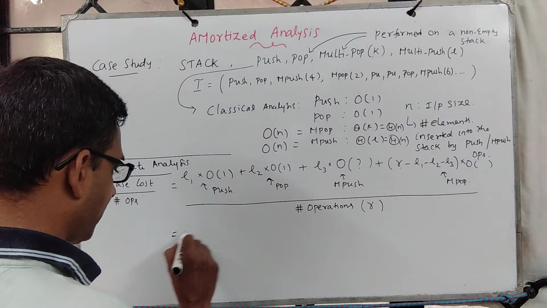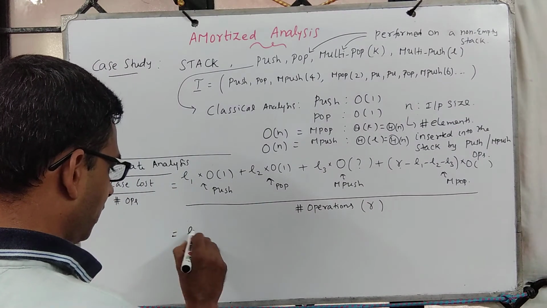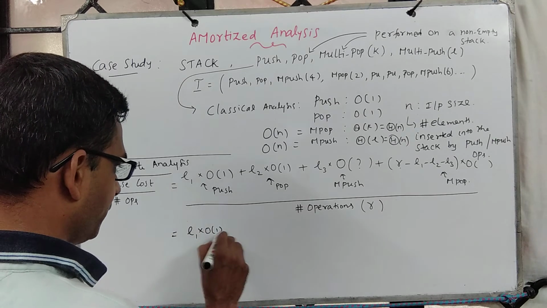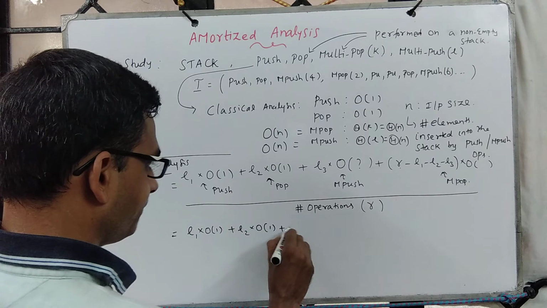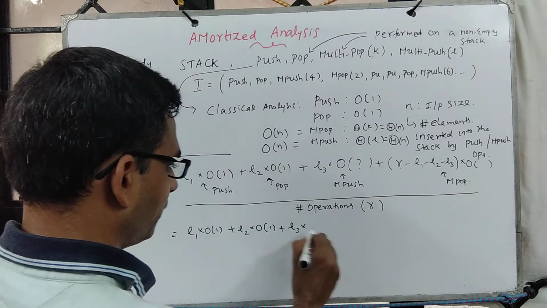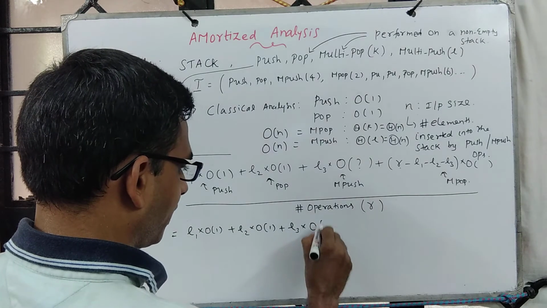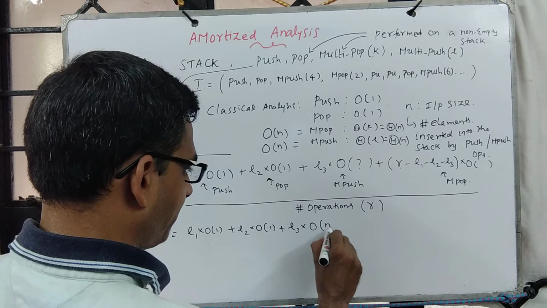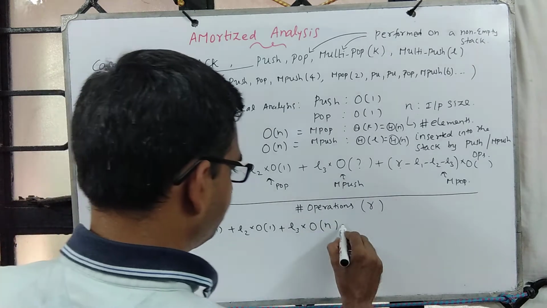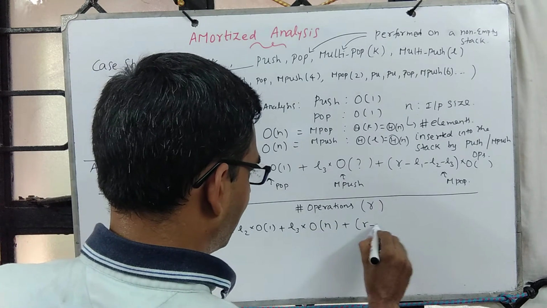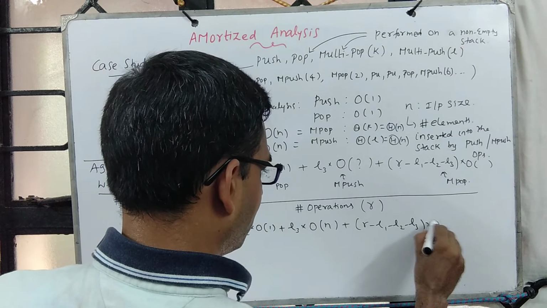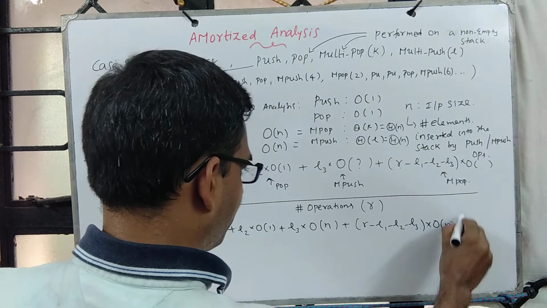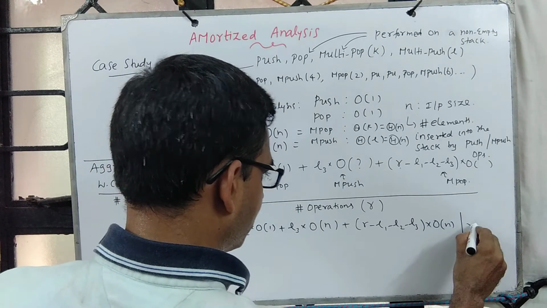So something like L1 into this plus L2 into this plus L3 into, our input size is n, so let me say order n. Then R minus L1 minus L2 minus L3 times order n, divided by the number of operations R.